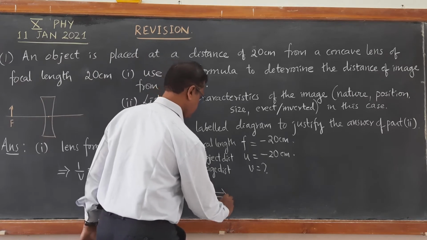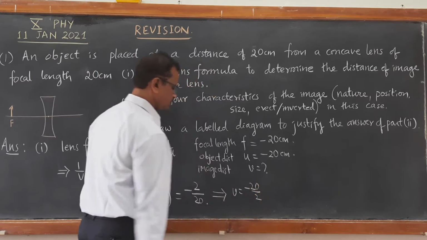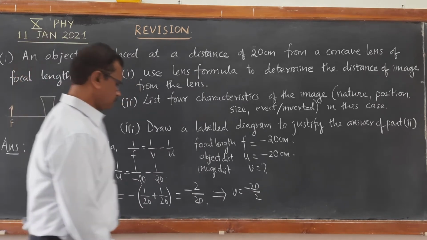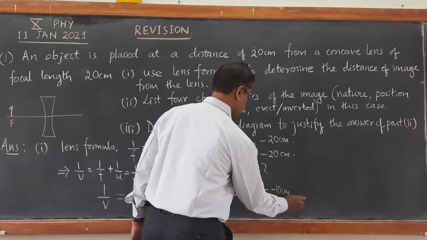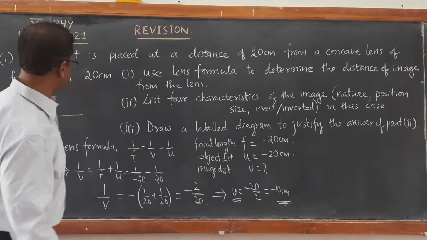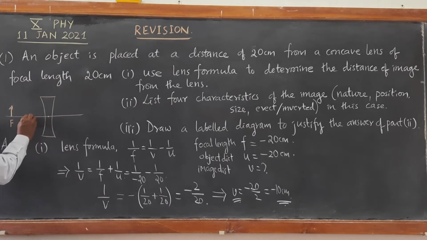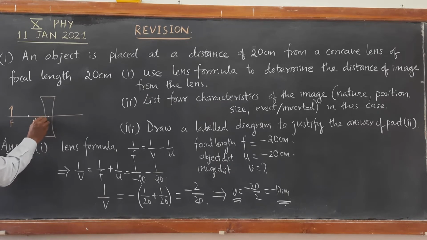So v is equal to minus 20 by 2, taking the reciprocal. So it becomes minus 10 centimeter. The image will be formed at minus 10 centimeter, that is, on the same side. This is the image distance, minus 10 centimeter.